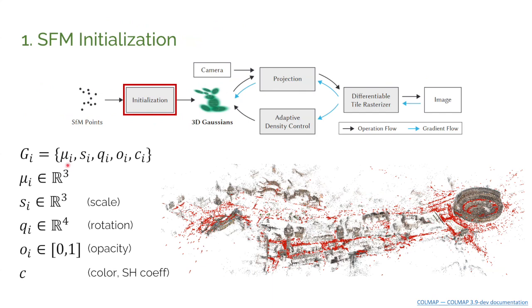Here, mu is the position, and S and Q are the scale and rotation, which determine the shape of the Gaussians. O is opacity, which determines how much the Gaussian contributes to the actual rendering. And finally, you have color information. The original version used spherical harmonic coefficients for representing view-dependent colors.